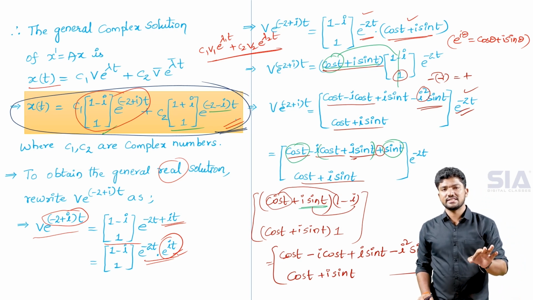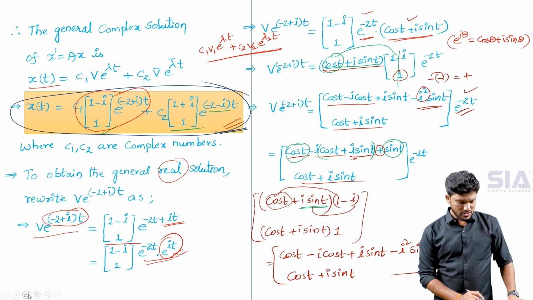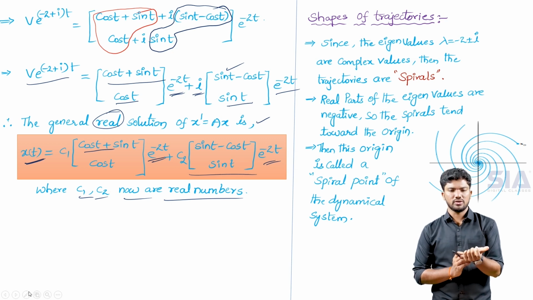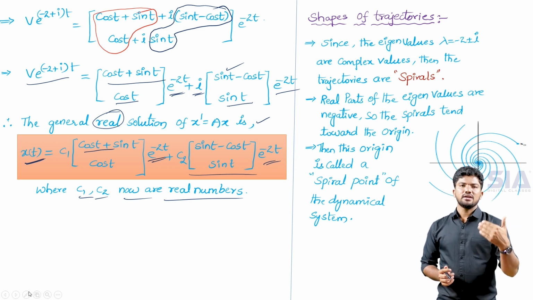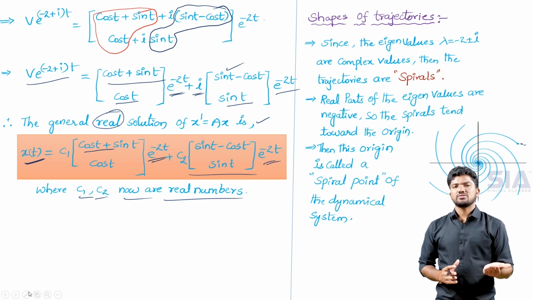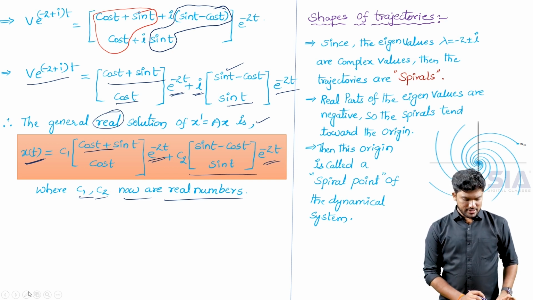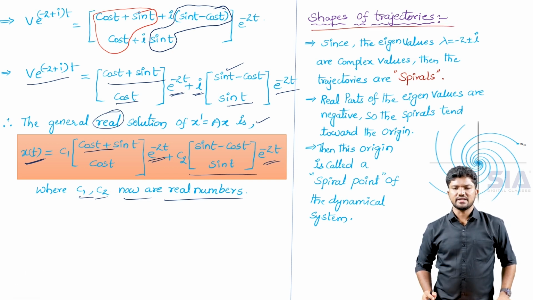Because the constants c1 and c2 are complex numbers. To get the real solutions, we take that vector value and decompose that vector into real values. So in this format we can find the real solution and complex solution for any dynamical system. Next, the second question of this problem is to find the shapes of the trajectories.